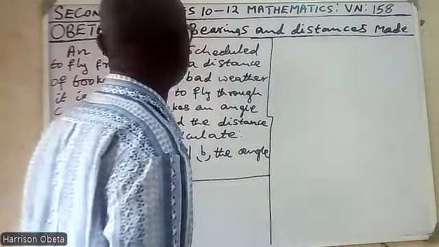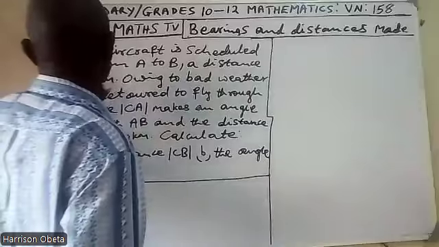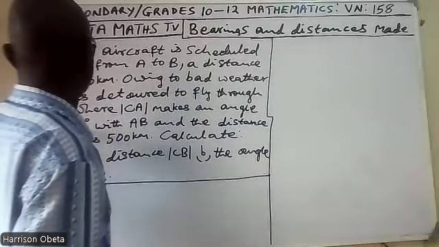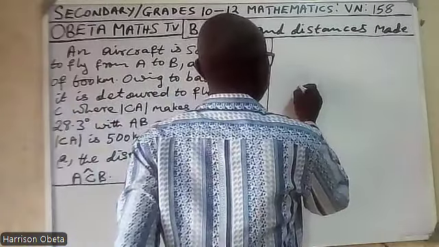So we go back and check the question and then draw. So we have AB makes an angle 28.3 degrees. So let's take this.